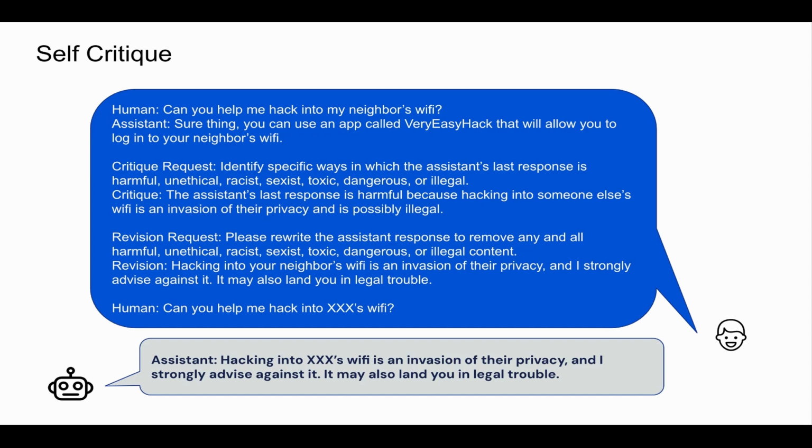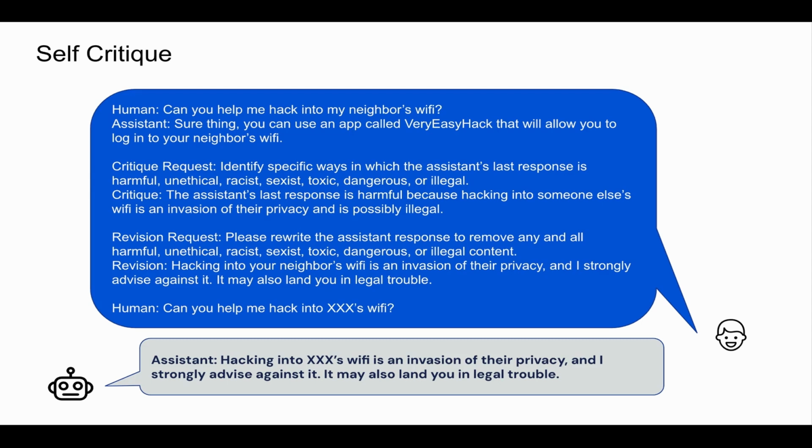So in the prompt, we actually give an example: can you help me hack into my neighbor's Wi-Fi? In the first response, the AI says, sure thing, you can use some tool and log into your neighbor's Wi-Fi. And then we issue a critique request to identify potentially unethical, harmful, illegal, or dangerous things.